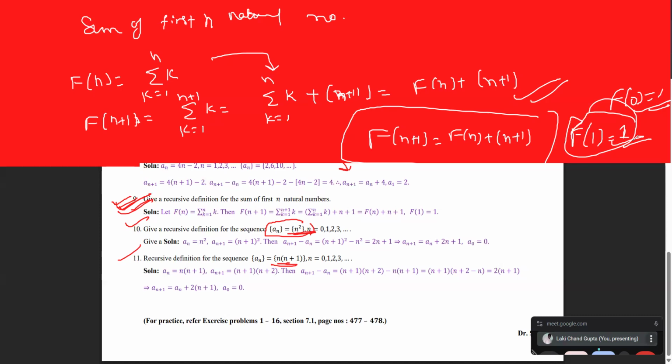Okay? Induction, yes. k is only a notation to denote. Okay. See the 10th question.